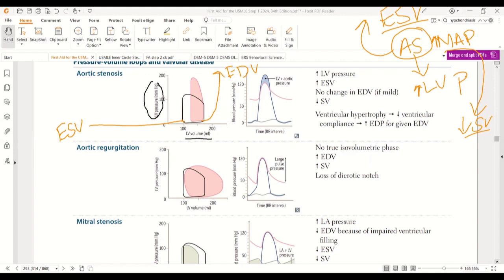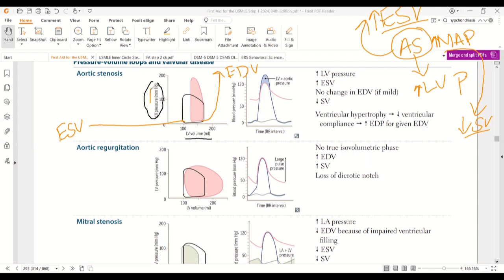It is not easy to push the blood out of the ventricle, so more blood remains at the end of systole. So end-systolic volume will increase. Now put these things in the pressure-volume loop.